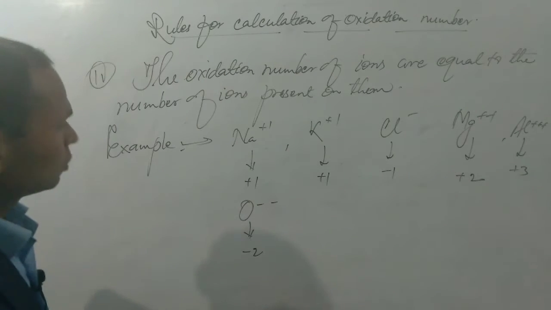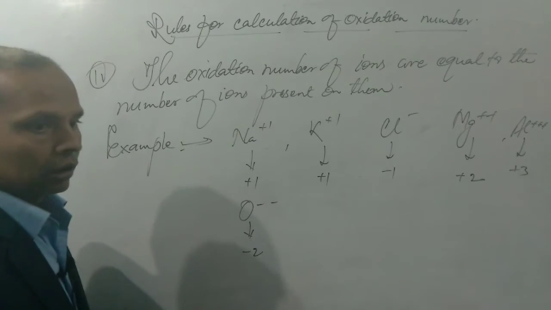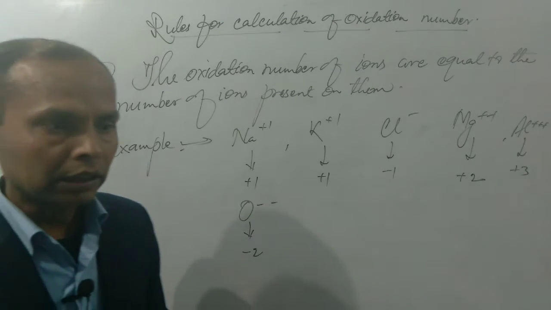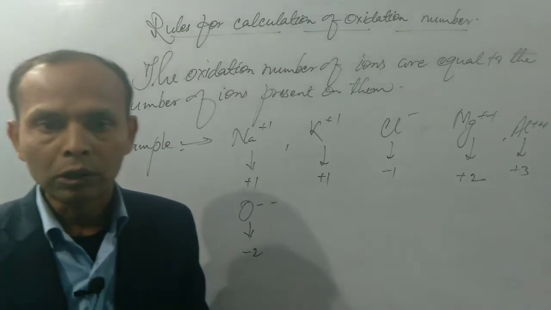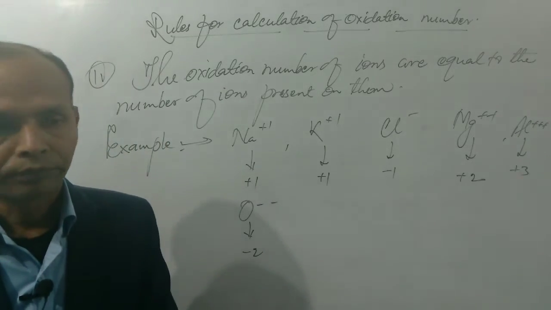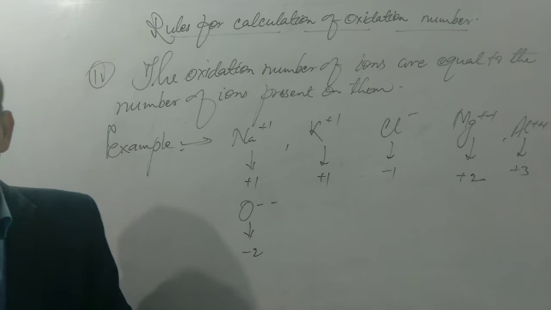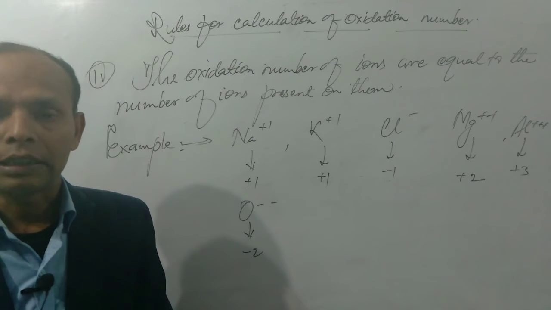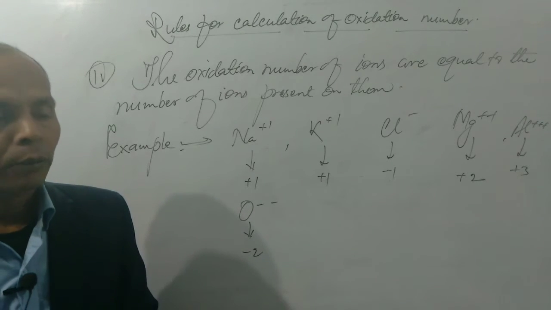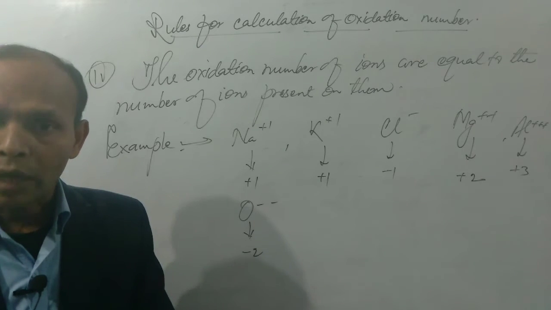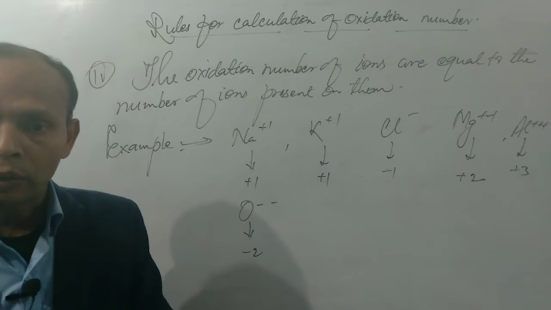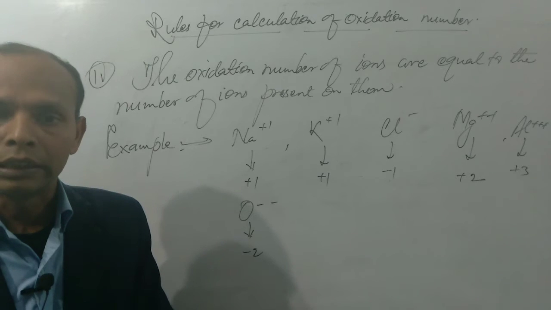And the last rule tells us that the sum of the oxidation states of different elements in a molecule is found to be 0. In case of any compound in combined state, if we add the oxidation numbers of all the elements in the compound, we will get 0.